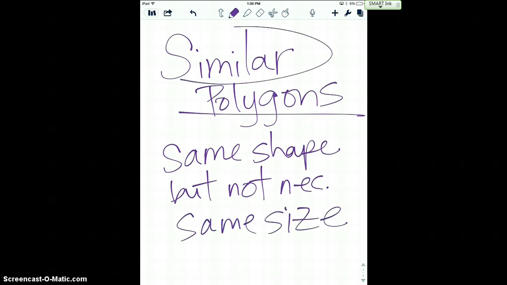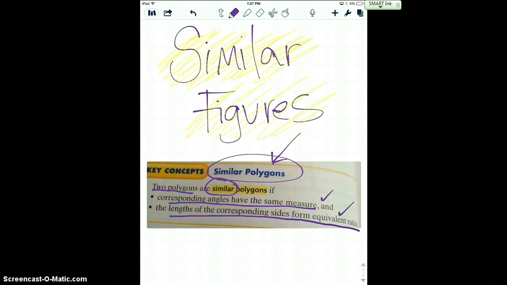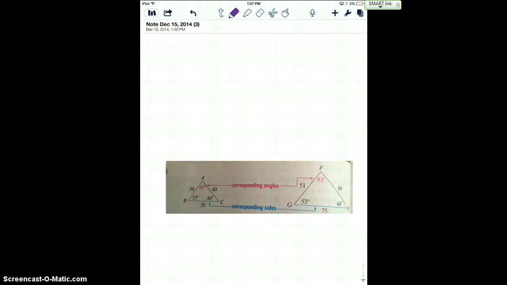And in order for them to be similar, 2 things have to happen. 1, angles have to match up. They have to be congruent. They have to be equal. And 2, the corresponding sides are in proportion. So sides are proportional.